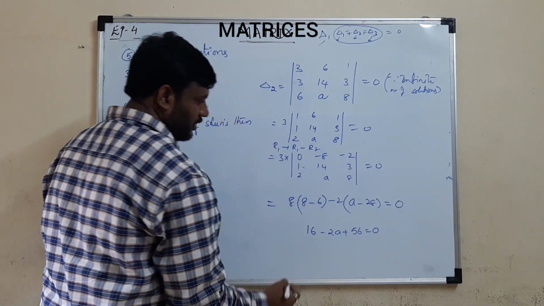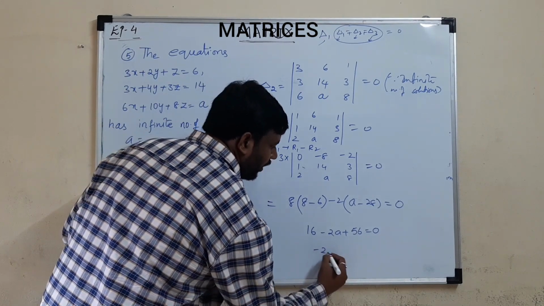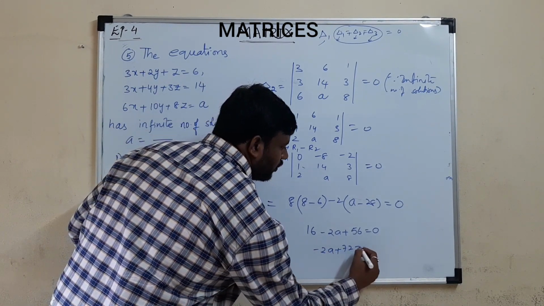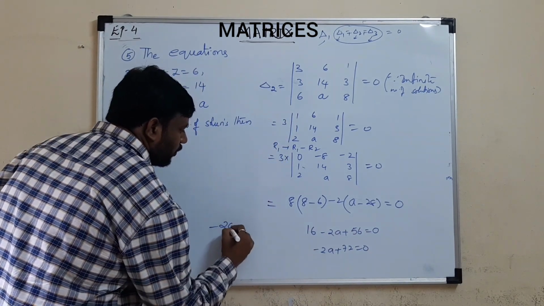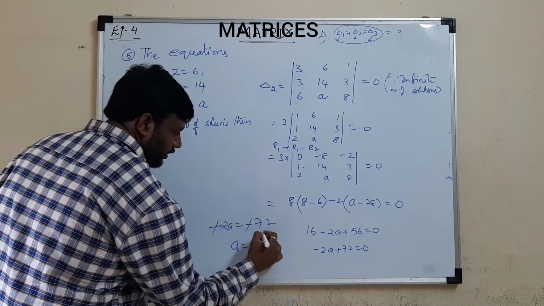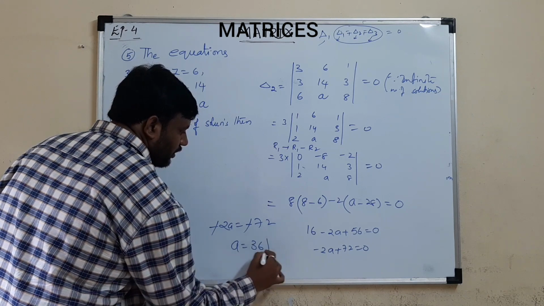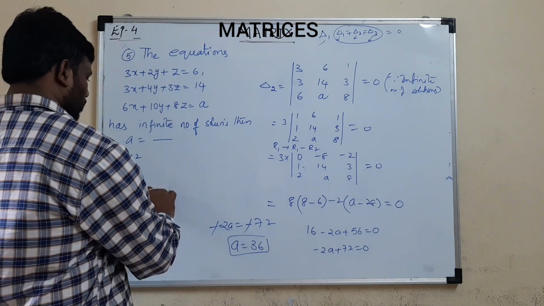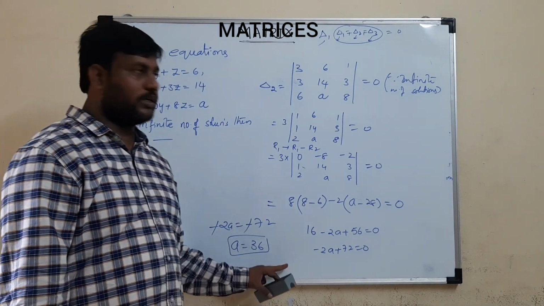Now 16 plus 56 is 72. Minus 2A plus 72 equal to 0. So minus 2A is equal to minus 72, minus minus will be cancelled. 72 by 2 means A is equal to 36. So option 3. Okay students, understood this?